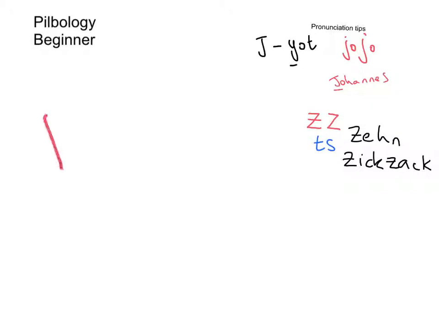The next culprit is the letter V, the English V. Now in German, this is a vowel in the alphabet, a vowel. And as you can guess, it has an F pronunciation. So a good example of this would be Vogel.